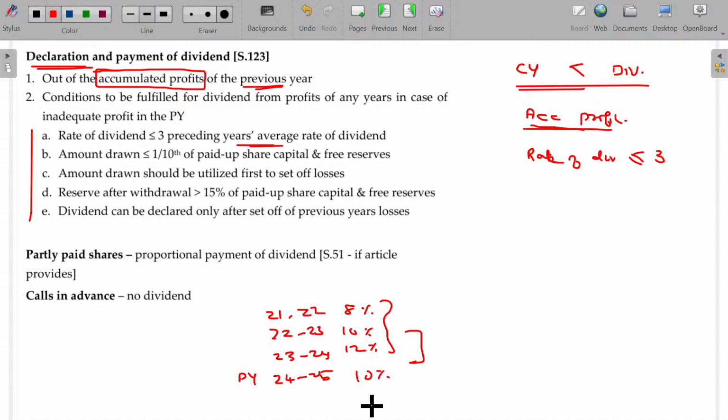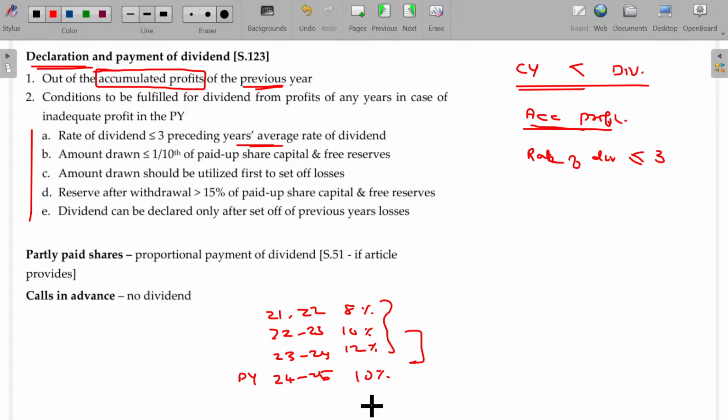You cannot distribute the dividend in the current year more than 10%, if you are going to take from the previous year. Only average, less than average. 10% or 9% or 8% you are allowed to use. Not 12% or 14%. You are not eligible for giving more than the profit earned in the previous year. Okay, so previous year 12, sir, this year I want to give 13%. No, only the average of the 3 years.